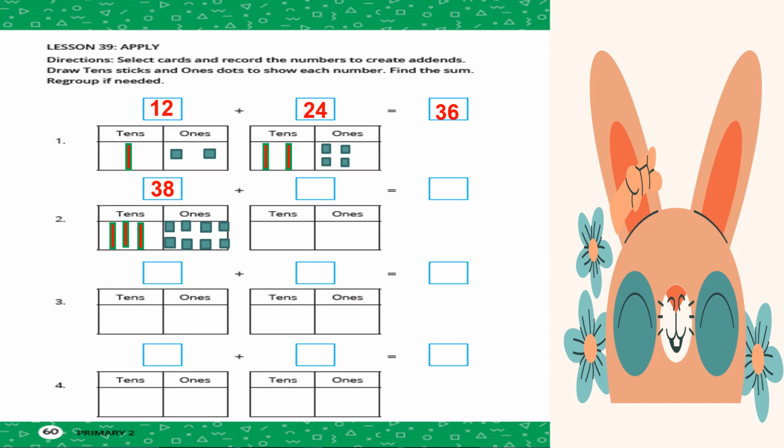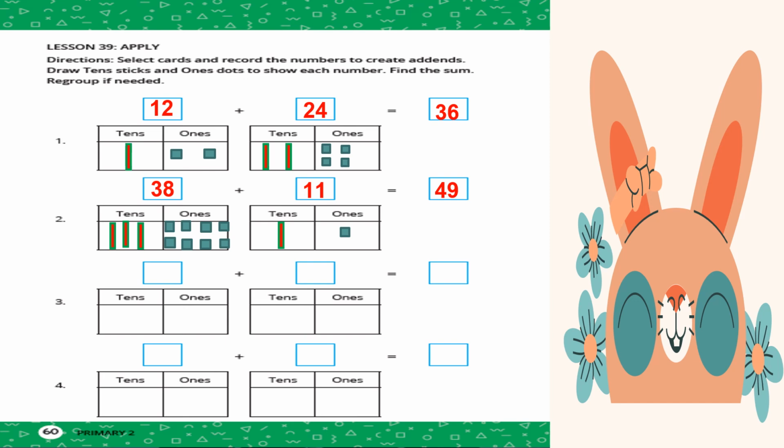Next card, 11. How many sticks do we have? Only 1 stick. How many small squares? Only 1. Let's add 8 plus 1, 9. 3 plus 1, 4. 49.